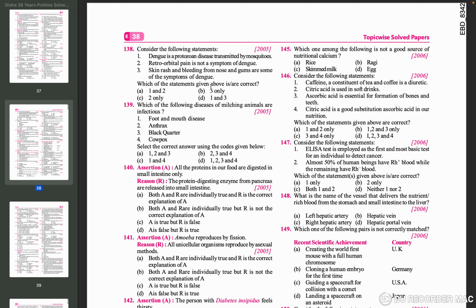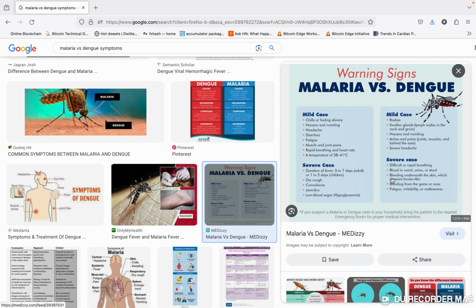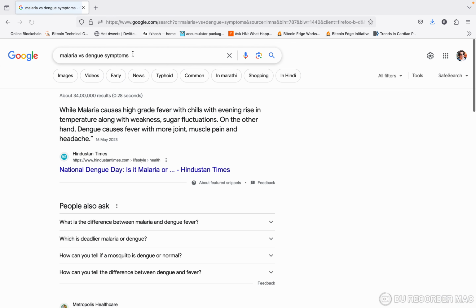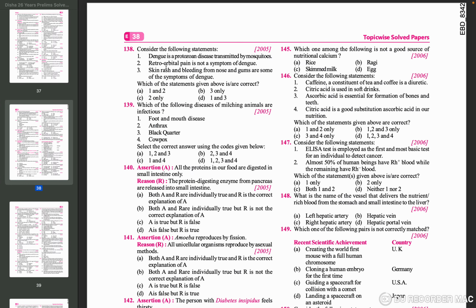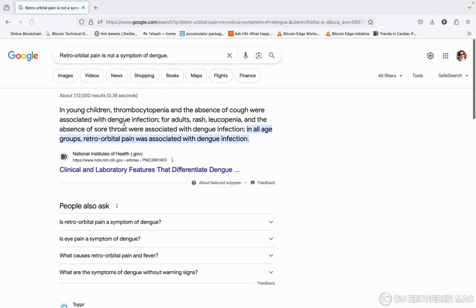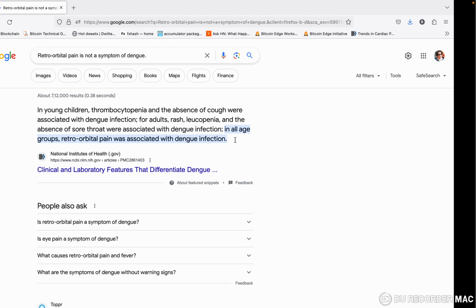Option C, 2 only. Symptom of dengue. In all age group, retroorbital pain was associated with dengue infection.